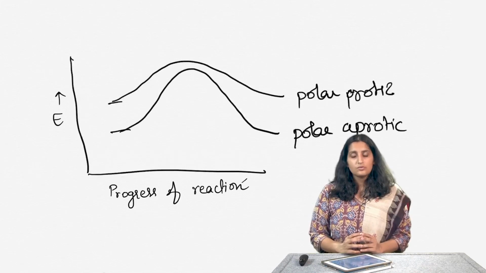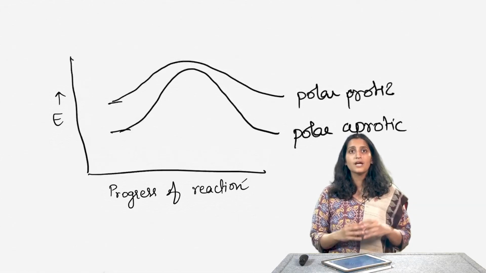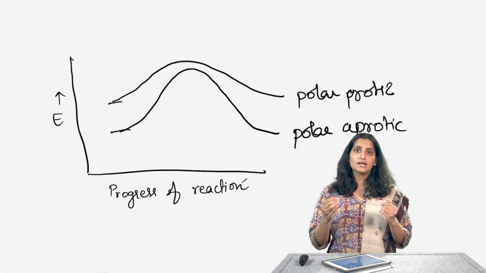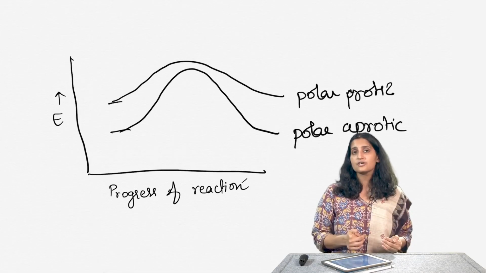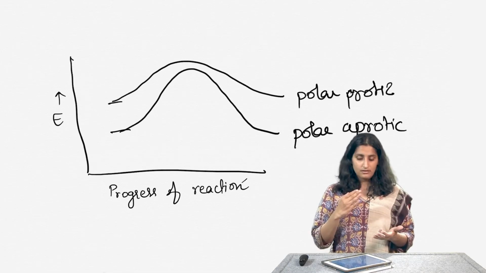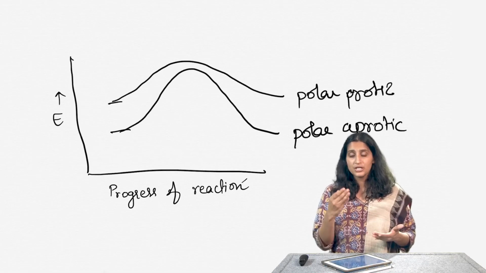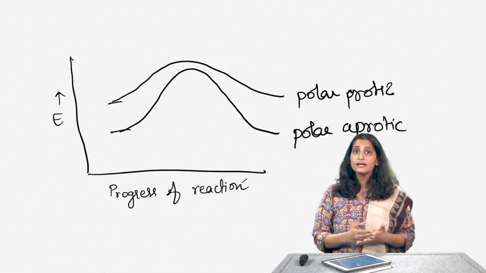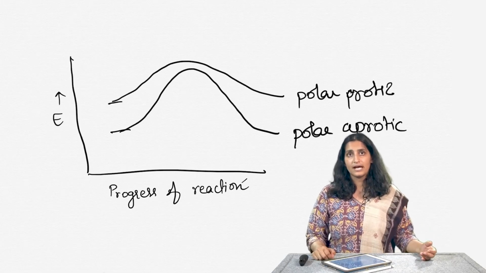So far we have looked at SN1 reactions, we have looked at SN2 reactions, we have summarized the kind of conditions that are required for the reaction to happen. We have looked at stereochemistry of the reaction, mechanism of the reaction, we have looked at arrow pushing, and we have also looked at the various conditions which favor or disfavor the reaction.